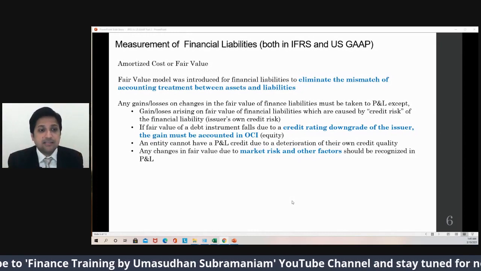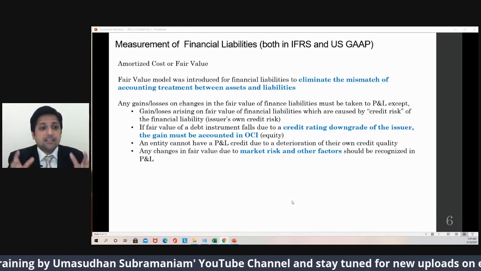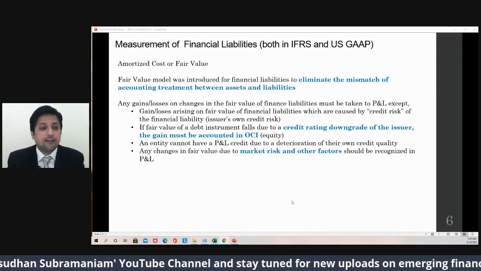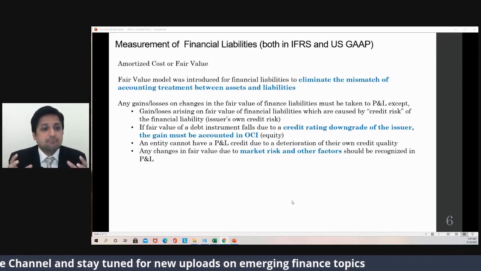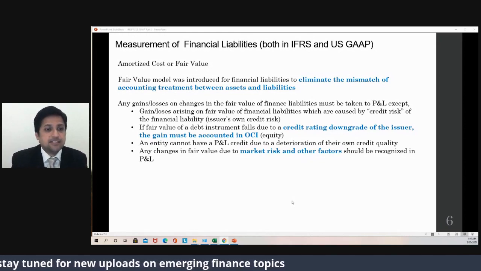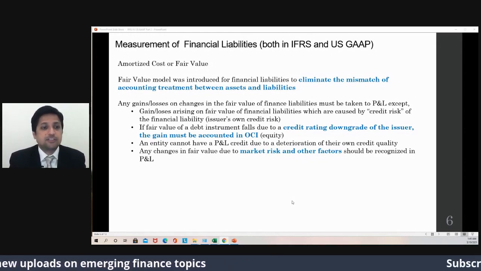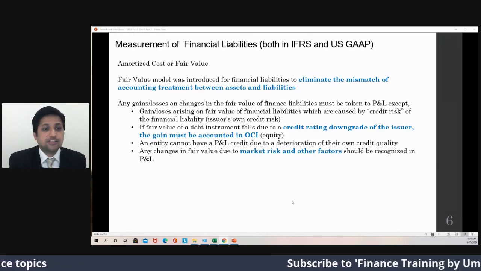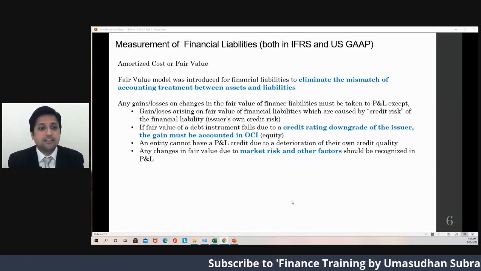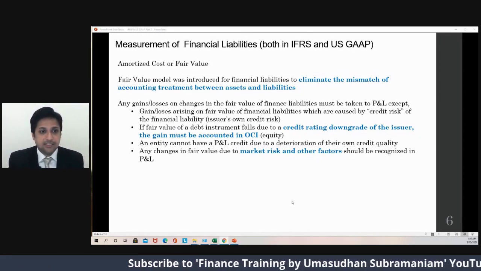So the accounting treatment for financial liabilities previously created a mismatch between assets and liabilities, which was later removed when IFRS 9 introduced a fair value option for financial liabilities.